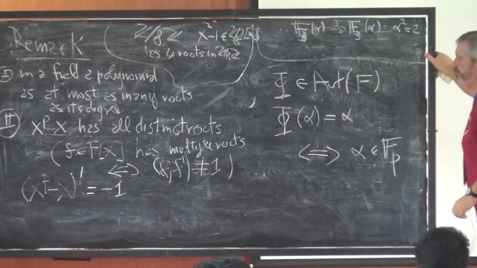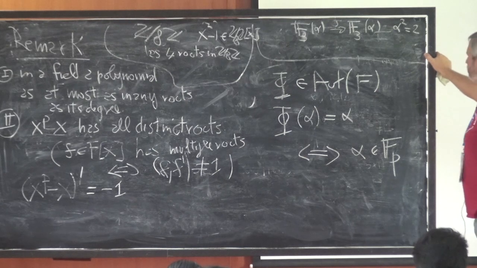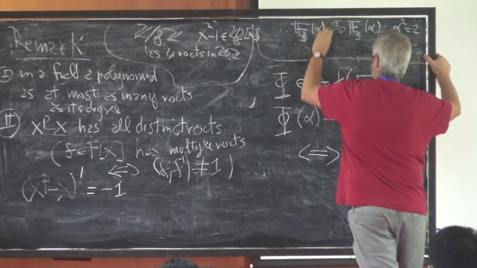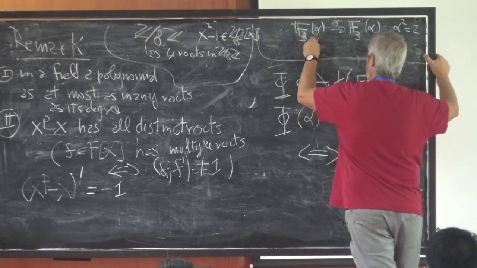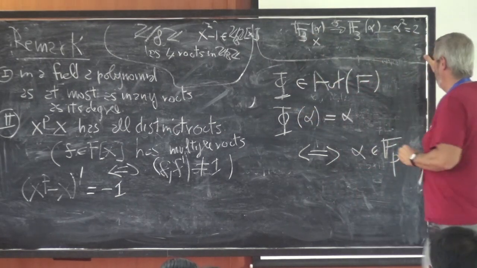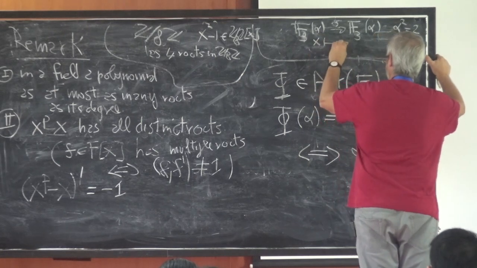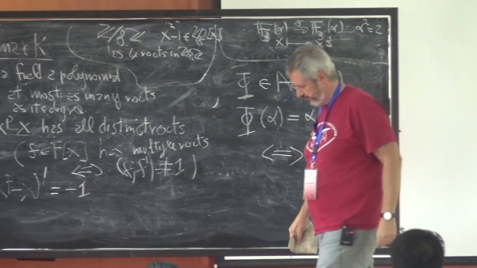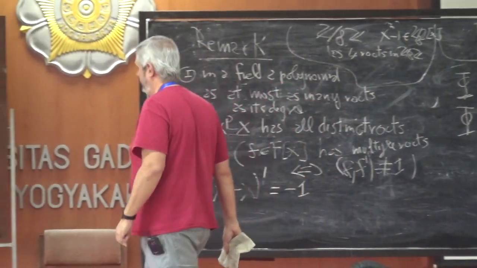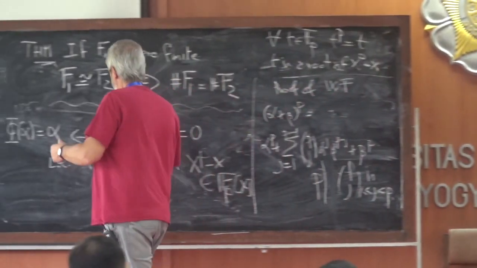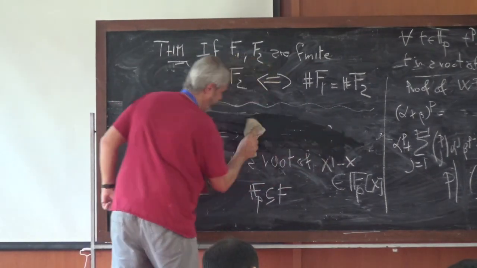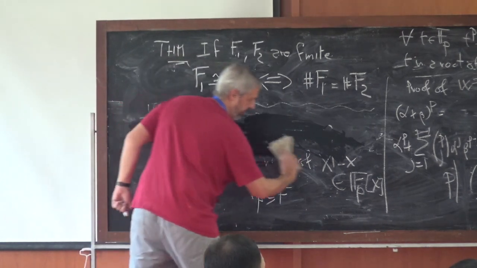Alpha squared is equal to 2, right? So what is the Frobenius in this case? Frobenius takes any element x and sends it into x cubed. So can you describe it a little more precisely? What is the Frobenius in that case?